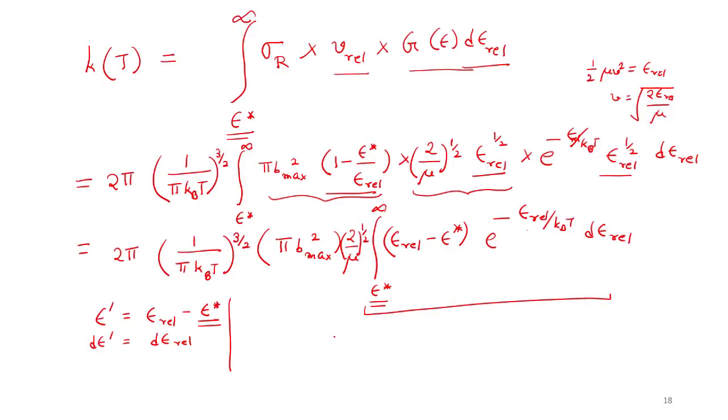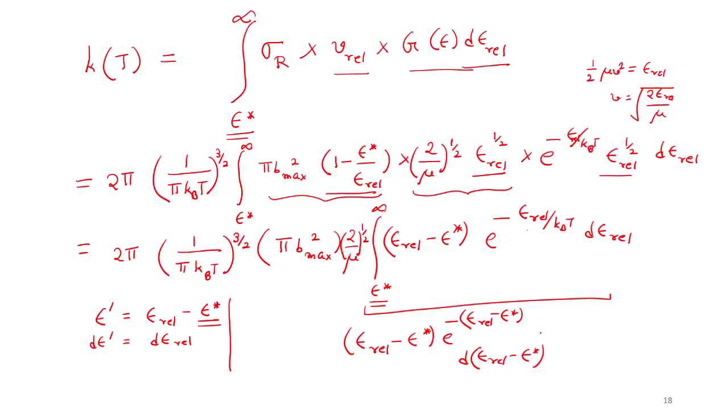So I can write it very cleverly as E relative minus epsilon star, times e to the power minus (E relative minus E star), into d(E relative minus E star), because d epsilon star is zero, so this is the same as d epsilon relative.